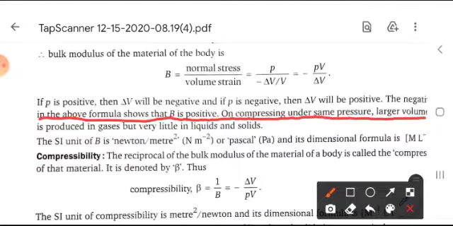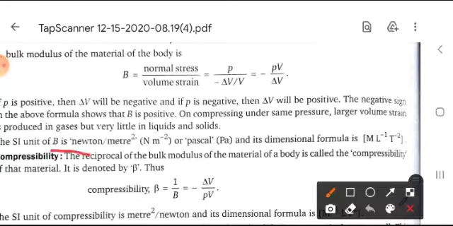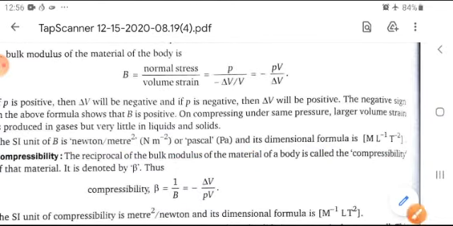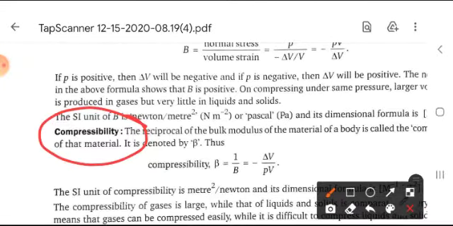On compressing under the same pressure, a larger volume change is produced in gases but very little in liquids and solids. SI unit of bulk modulus is Newton per meter square or Pascal. Dimension formula is M L minus 1 T minus 2. Next point is compressibility. What is compressibility? Compressibility is the reciprocal of bulk modulus and is denoted by letter beta.